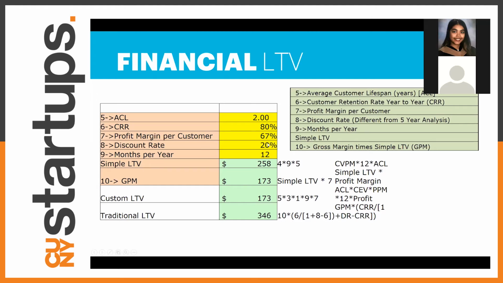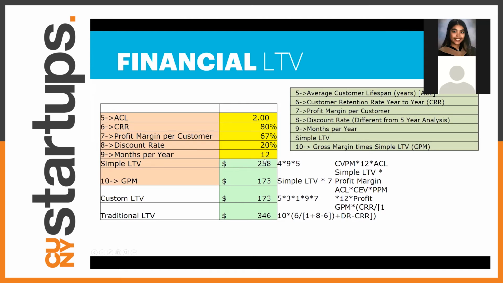Discount rate, do 20% for now, unless you know what discount rates are. And months per year, 12. Why am I doing that here? Because you may change the time frame, and then this would all change. But in this case, clearly months per year is 12. And then your lifetime values are determined for you in 4 different ways. There's the simple lifetime value.